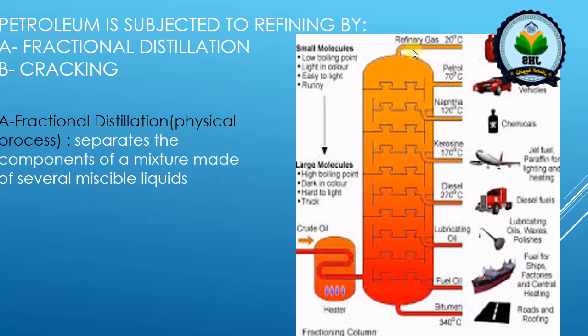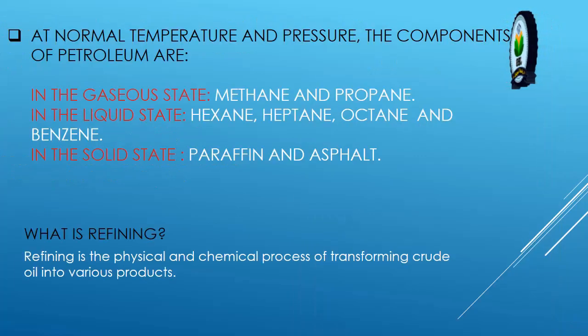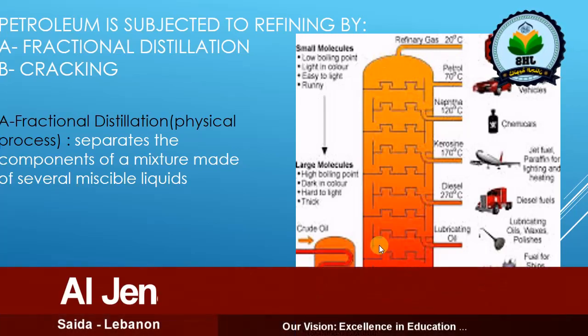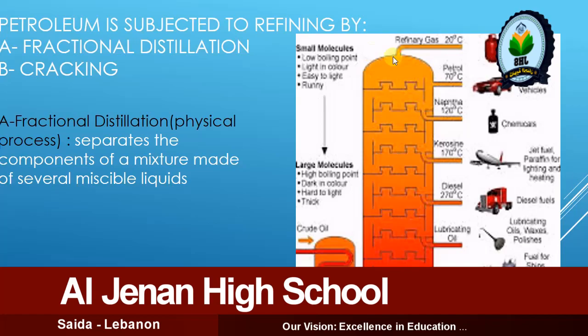At the top, we have the refinery gases. As we said in the previous slide, the gaseous state, methane and propane, is found at the top of the fractional distillation, while the heavy products are found at the bottom. This apparatus is called a fractional distillation column or fractional distillation tower.